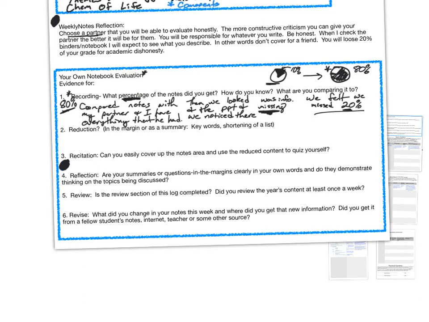So reduction, when you look at your notes, because this is about you evaluating your own notes, and you're looking at Cornell notes, when you ask yourself, are you reducing? Do you have a lot of information here on this side, the recording part, that you then reduce to maybe a small list? Is that happening?